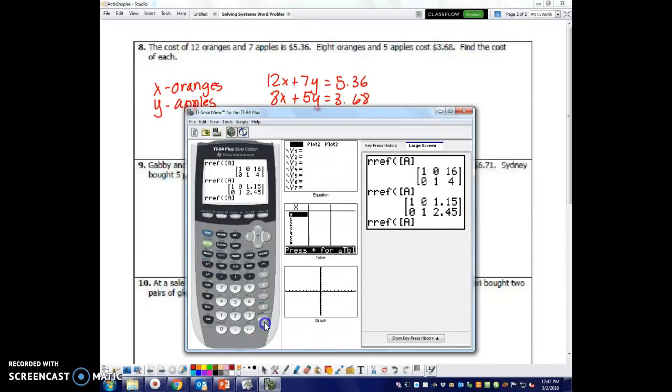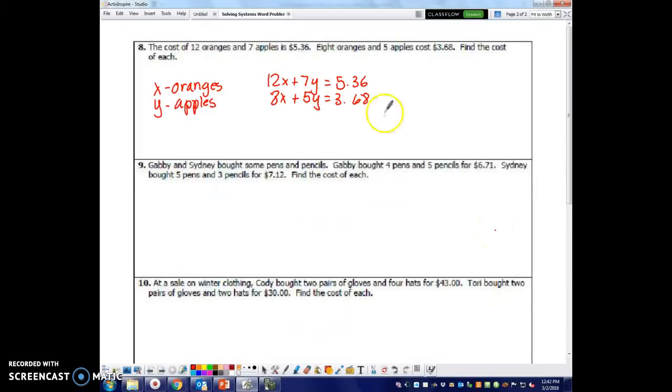A. So we have x is 0.26 and y is 0.32. Okay, so that means that oranges cost 26 cents, apples cost 32 cents.